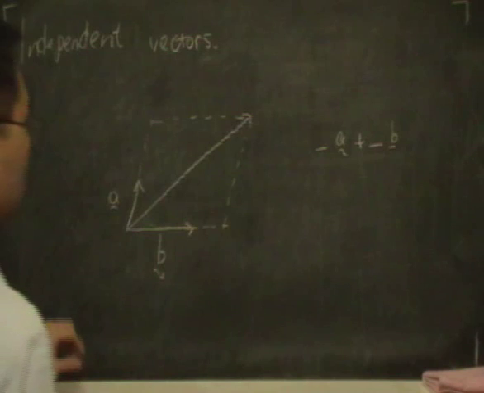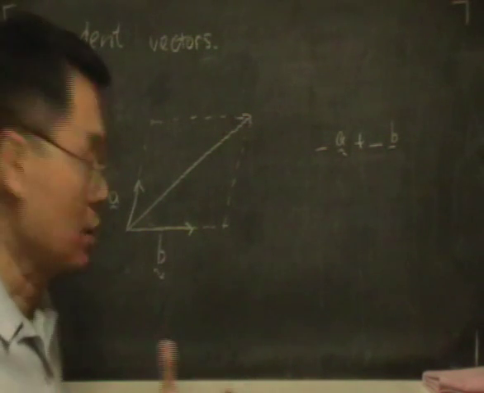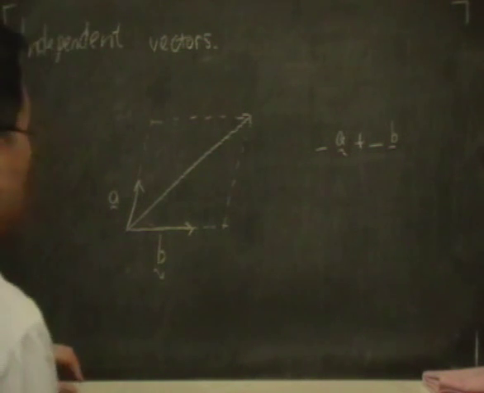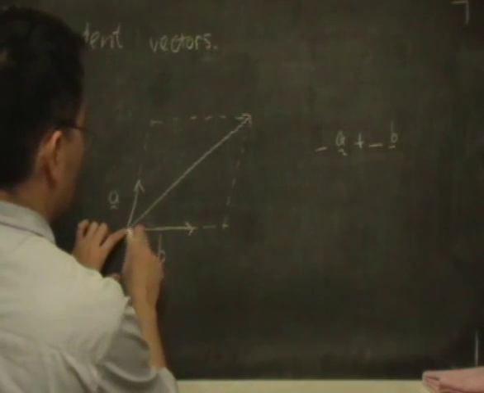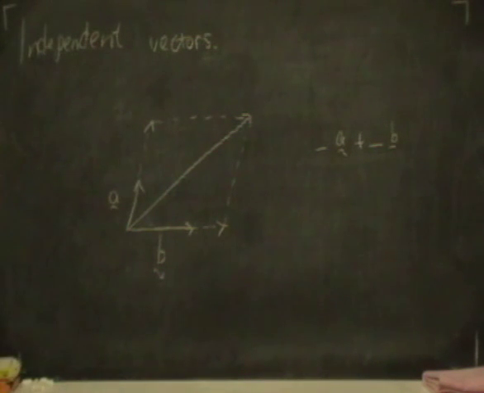And we can see that this vector, just any vector that I choose, can be written as the sum of this vector and that vector.